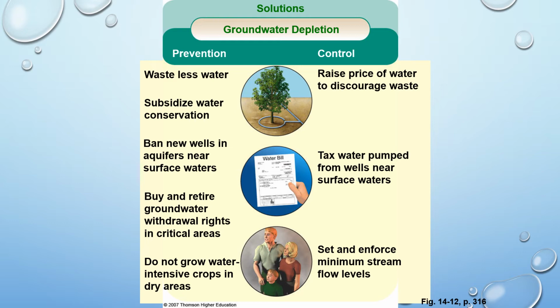Well, we can try to waste less of it by coming up with techniques to reduce evaporation and losses with irrigation, ban new wells in aquifers to reduce the number of people drawing water from the aquifer, and raise prices to discourage overuse and waste, not use in general. Tax water, again, money speaks, right? If we raise the price or we tax it, that's going to decrease its use or misuse. So these are ways that we can limit our groundwater depletion.